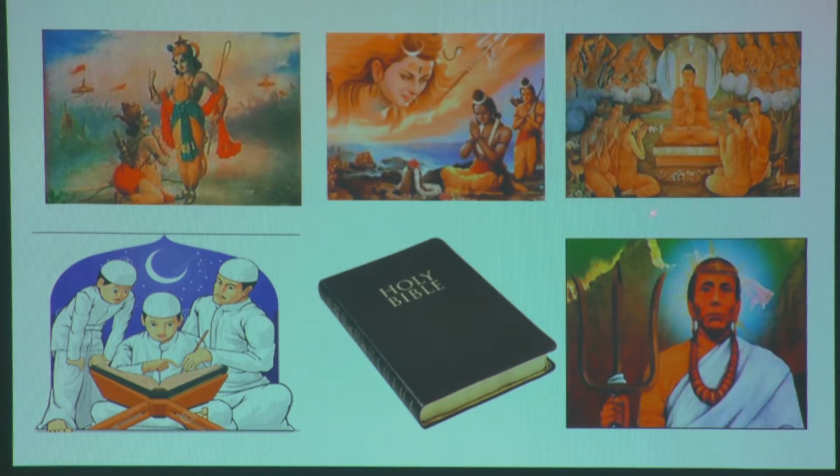I don't think I need to tell you about the third picture. Most of you are familiar with this picture. You can see Lord Buddha preaching the disciples there. So, this is another source of religious stories. Similarly, look at the next picture. See there, the people are reading Quran.